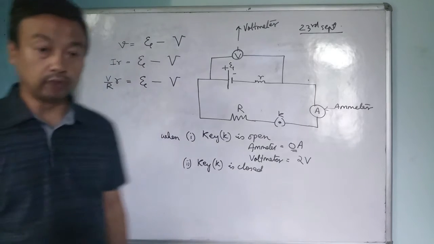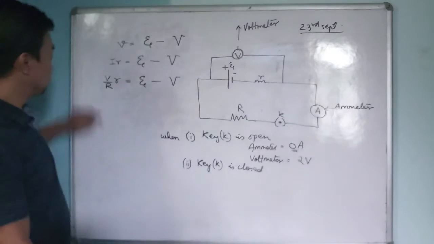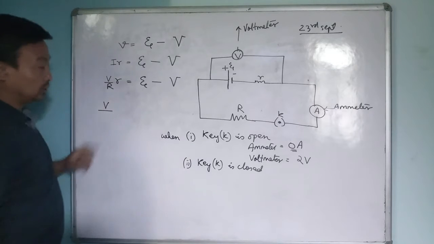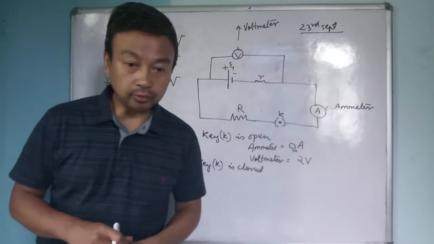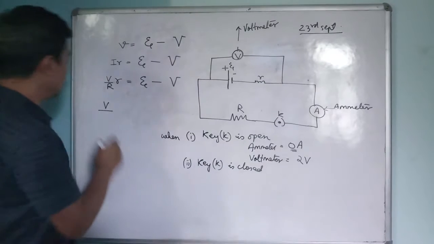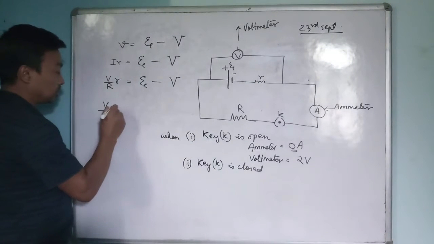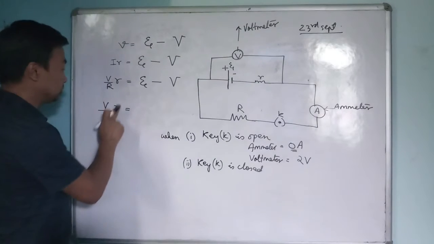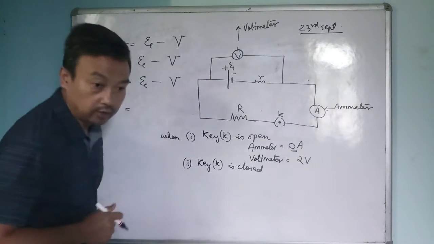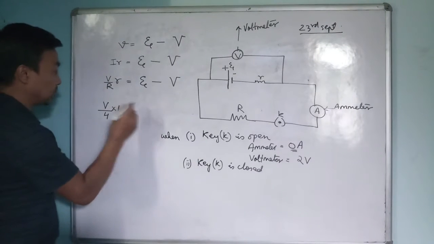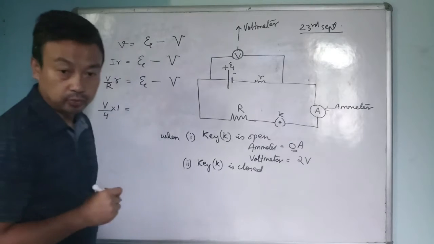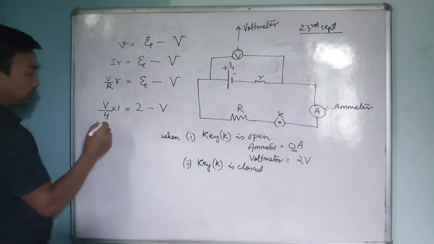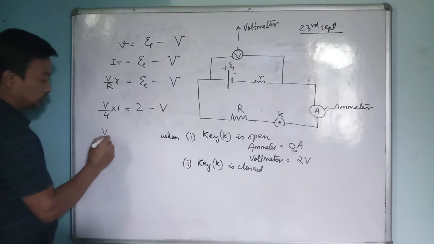Now we can solve it. So if you see, this V upon the resistance given to you, 4, into r, the internal resistance, which is 1, equals EMF, which is given to you as 2, minus V. So this V we can find by doing the cross multiplication.